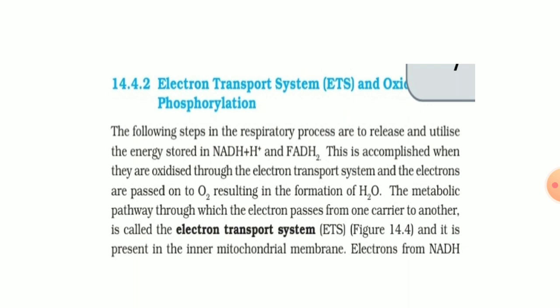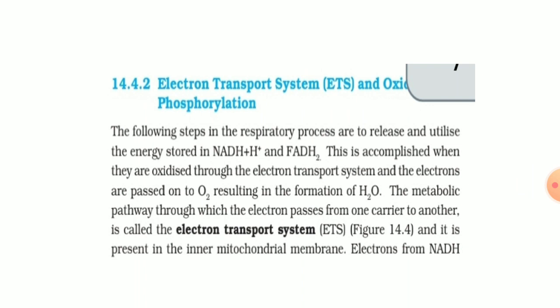The metabolic pathway through which the electrons pass from one carrier to another is called the electron transport system. So what is the electron transport system? It is a metabolic pathway through which the electrons are passing from one electron carrier to another.